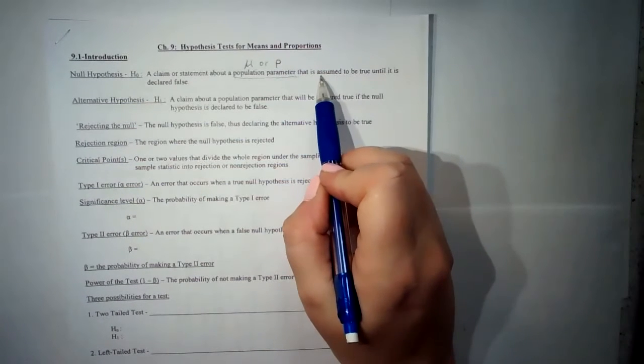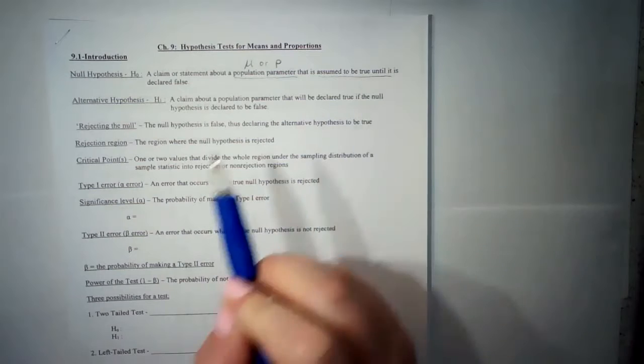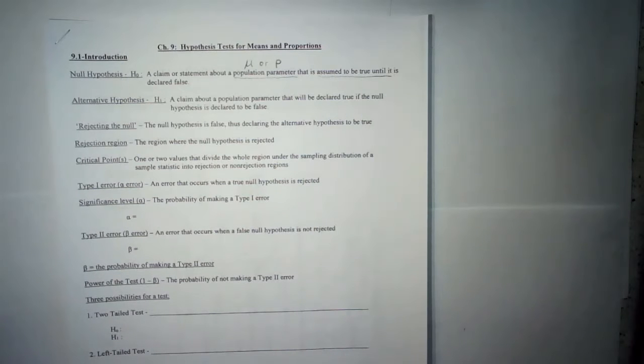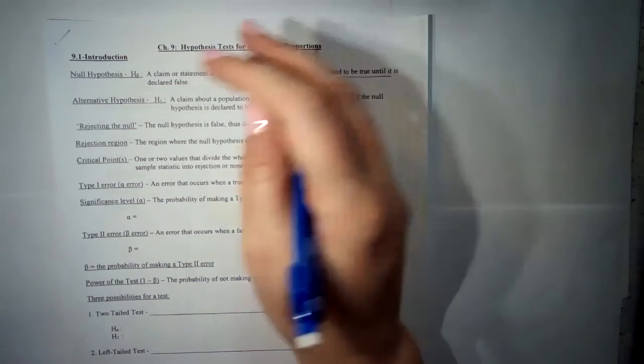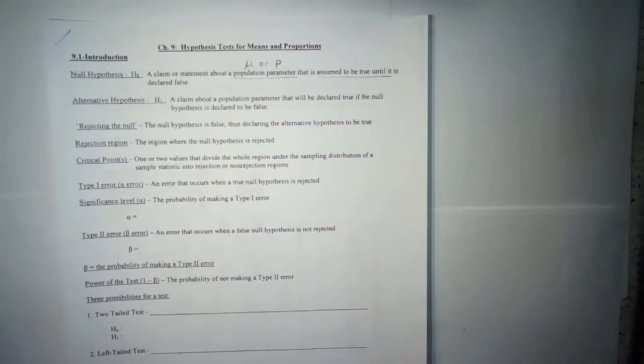Now, the important part here is the null is always assumed to be true unless you can prove it's false. I always compare hypothesis testing to the justice system. You are assumed innocent until you are proven to be guilty. Even on trial, you're assumed to be innocent unless they can prove that you're guilty.